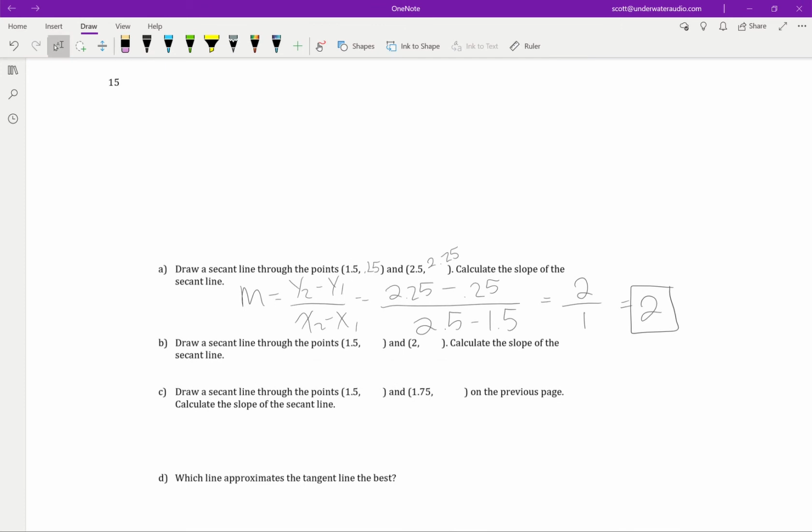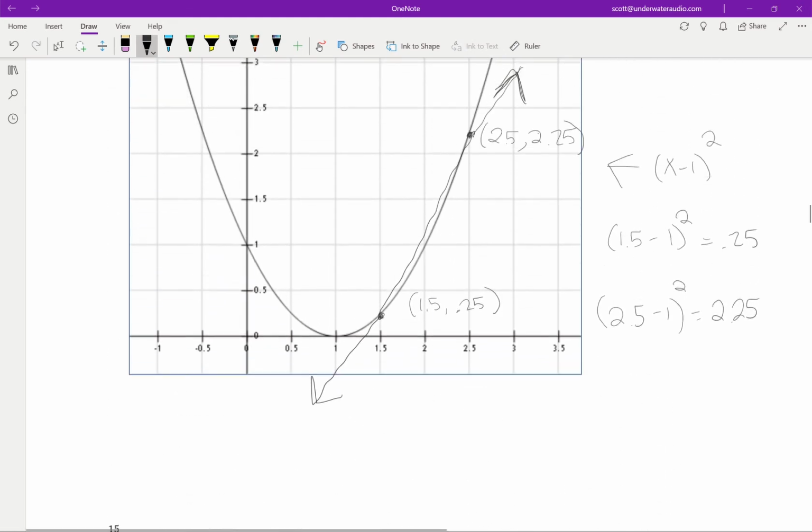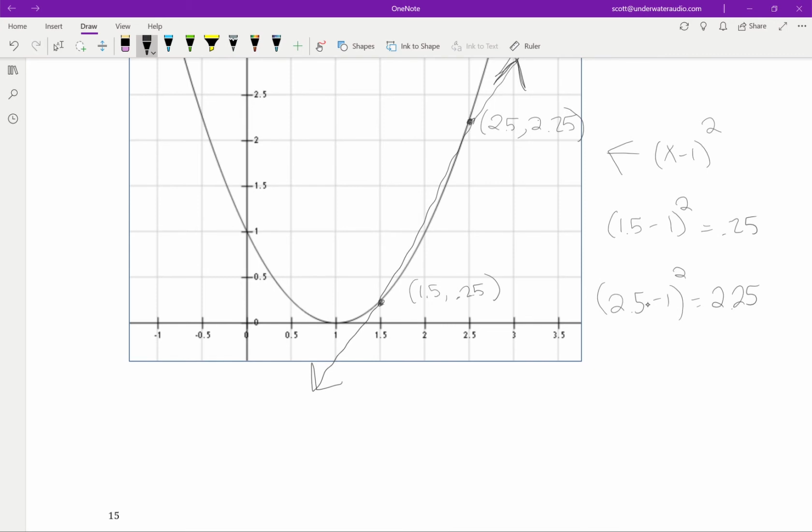To get closer to what the actual slope is, I'm going to move my point closer. So I started with 1.5 and I'm keeping that the same: 1.5, 0.25. And then instead of doing 2.5, I'm going to move closer. 2.5 is right here, so I'm moving 1 closer, getting closer and closer to 1.5.